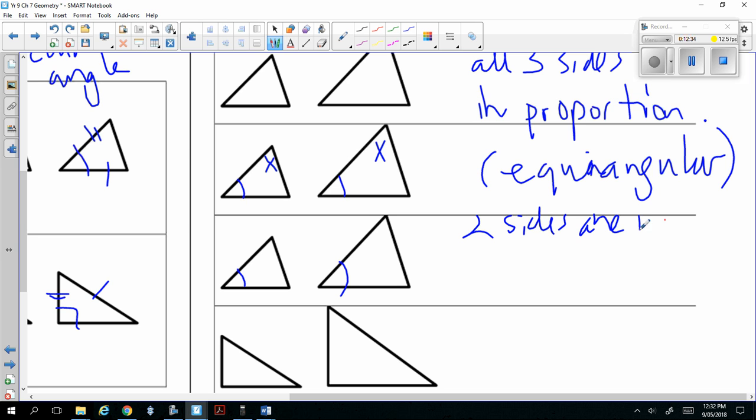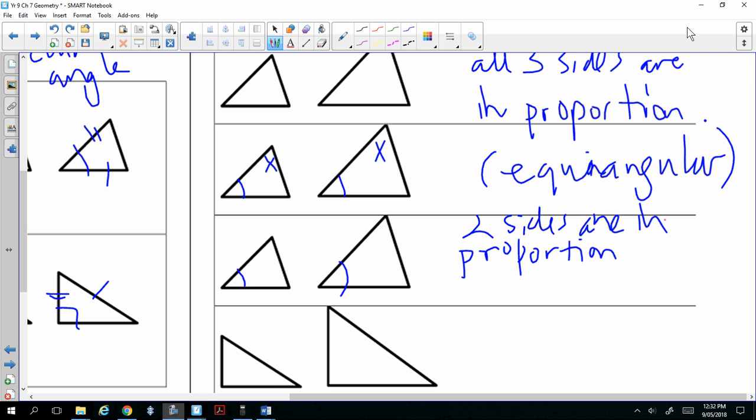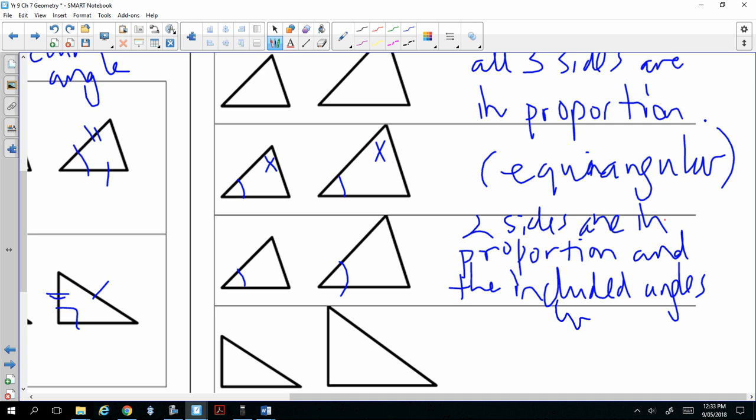Two sides are in proportion and the included angles are equal. That's a long reason to give, but I think the only popular ones that will be used in the exams are mostly this or even that. These are the tests you get asked a lot, particularly this one. That's asked most commonly in exams.